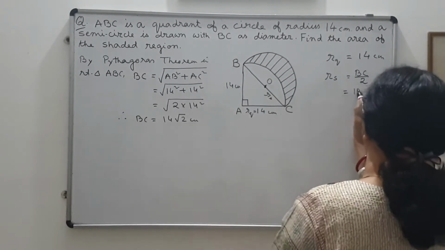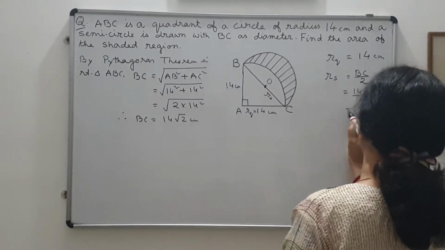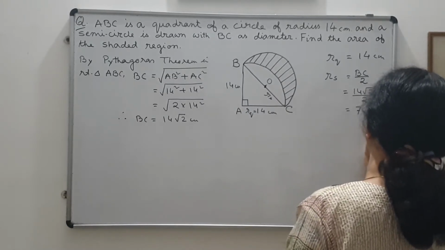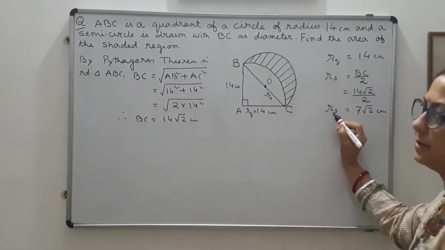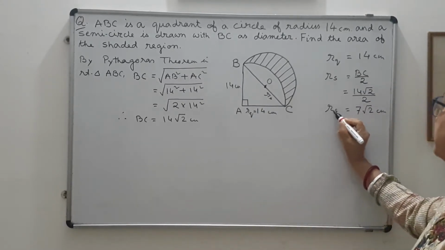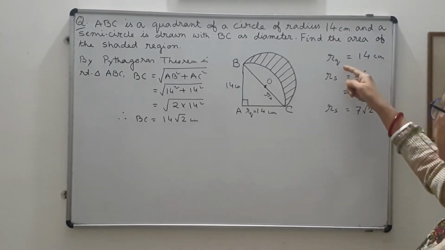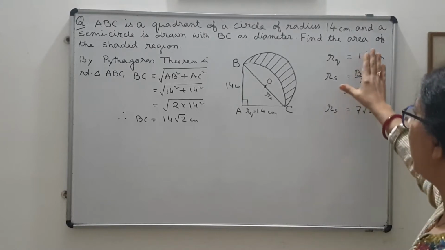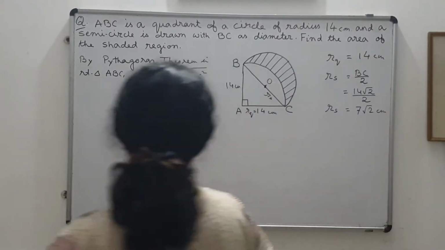So it is 14 root 2 by 2, that is 7 root 2 centimeter. So this is the radius of the semicircular part. I have written RS, S suffix for semicircular and Q for quadrant, so as to avoid confusion, I have written these suffixes. First of all, I am finding the value of this RS. Now the next one I do.